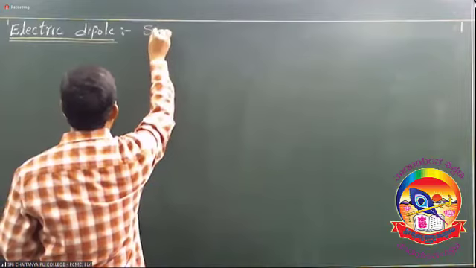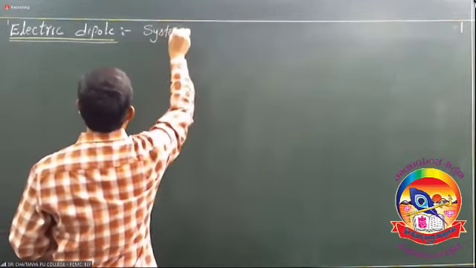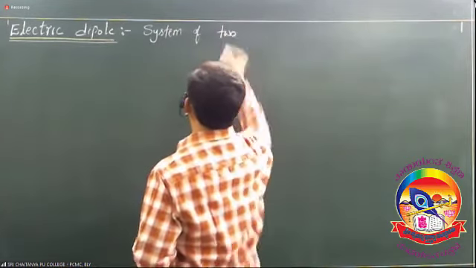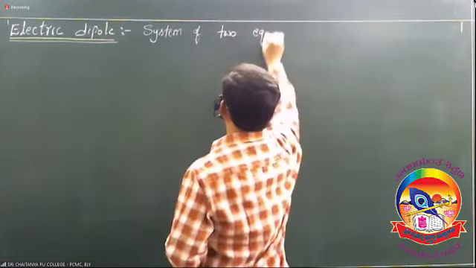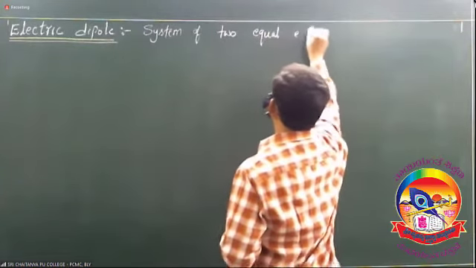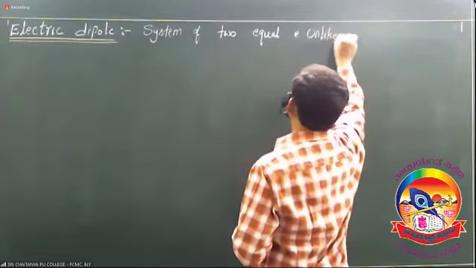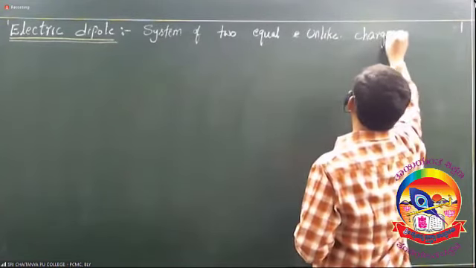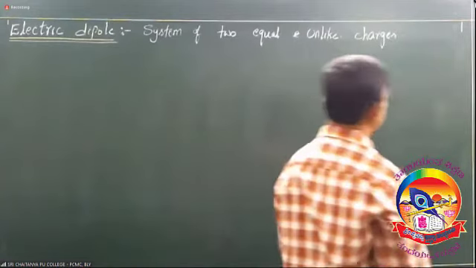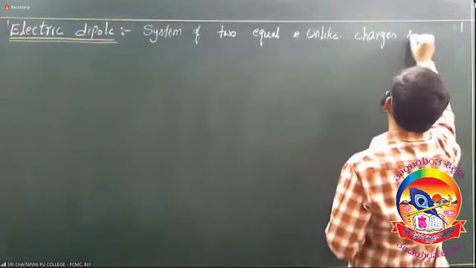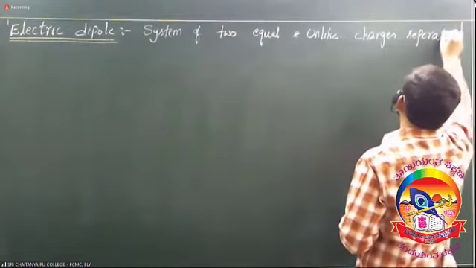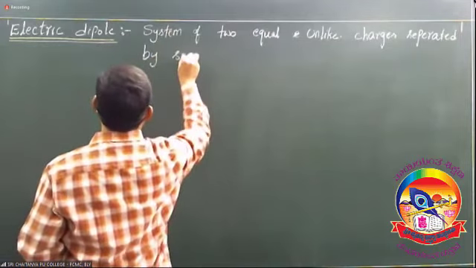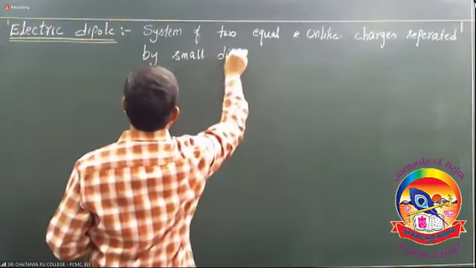It is a system of two equal and unlike charges separated by a small distance.